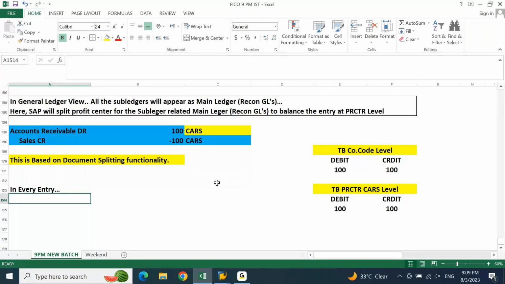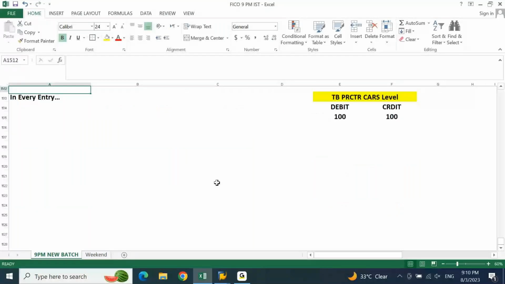point number one, GL account, I'll say specifically, point number one, main ledger must be there.